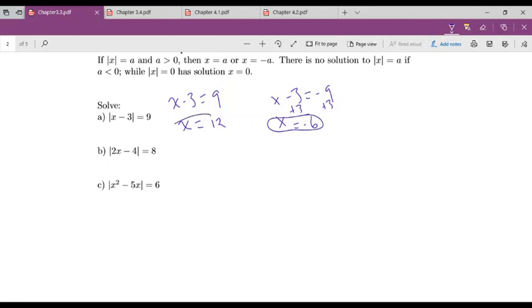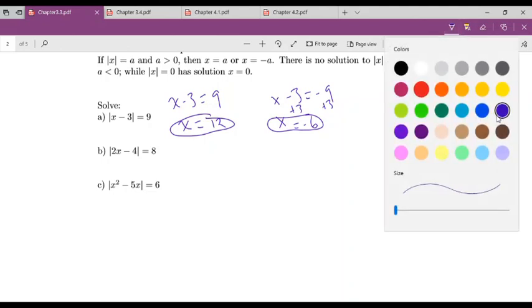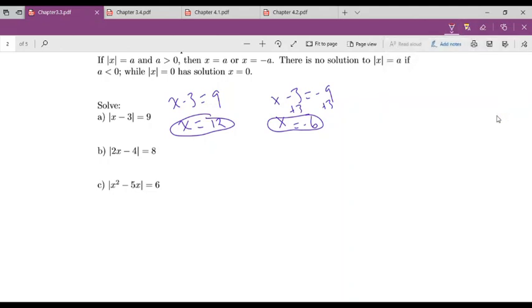Now what we're going to do is plug both of them in and show you that they work. So I plug 12 in. 12 minus 3, absolute value. 12 minus 3 equals the absolute value of 9, which is the same thing as 9. If I plug the other one in, negative 6, I get negative 6 minus 3, and the absolute value of that.